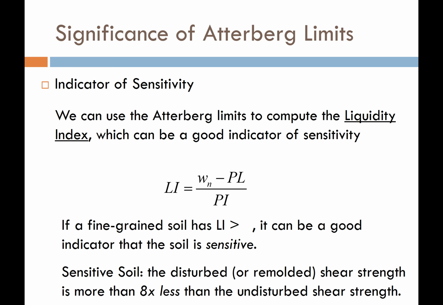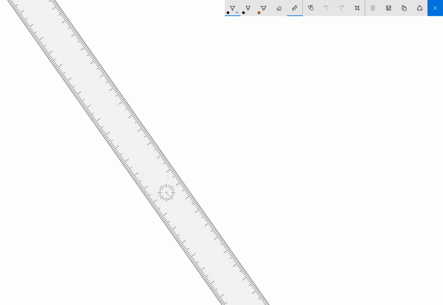So why are Atterberg limits useful? Well, for one, Atterberg limits can be a great indicator of soil sensitivity. Soil sensitivity deals with, of course, sensitive soils. What's a sensitive soil, you might ask? Well, if I were to plot, let's make a nice series of axes here.